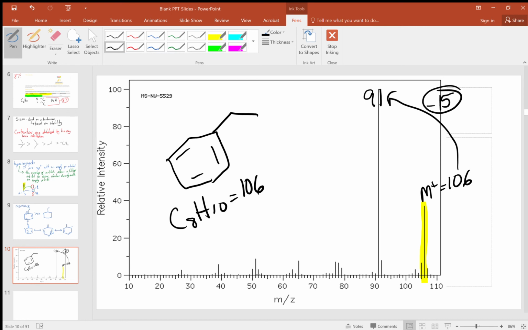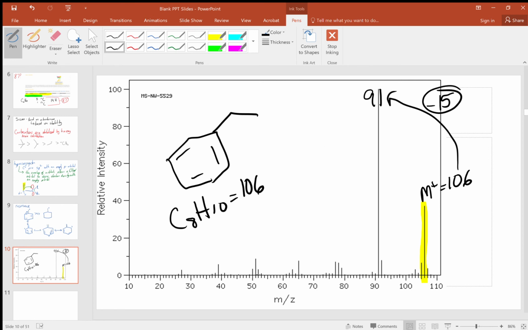Now, one thing you should start to notice as you start looking at more and more of these spectra is that you should start to see patterns, and that you should start to see that we have the same differences, same amount of mass that we lose over and over and over again. And this 15 is a number we've seen before, right? 15 is a methyl.